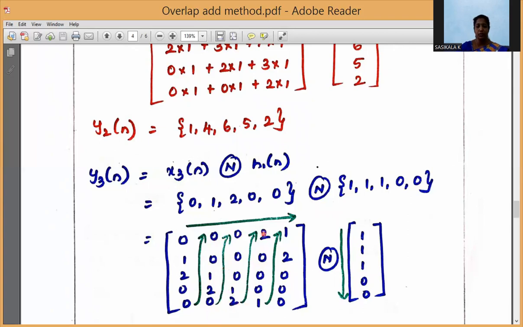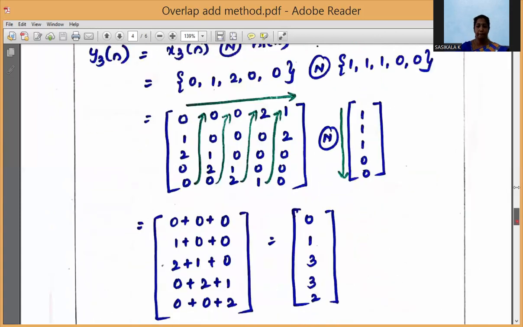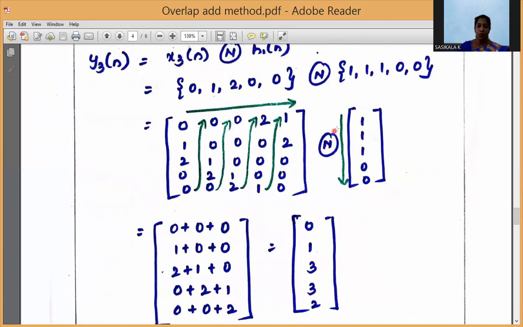Again this 2 is taken to the next column's first element. So write 0, 0, 0, 1. And this 1 is taken to the next column's first element. So 2, 0, 0, 0. So circular convolution of 1, 1, 1, 0, 0. Now multiply this row by column. So 0 into 1 plus 0 into 1 plus 0 into 1.